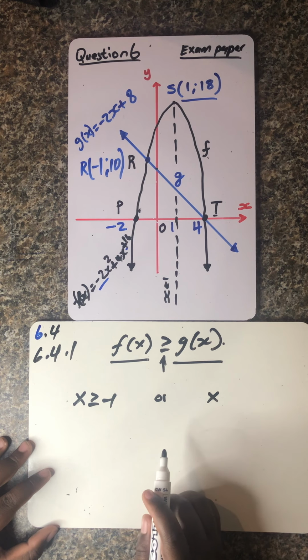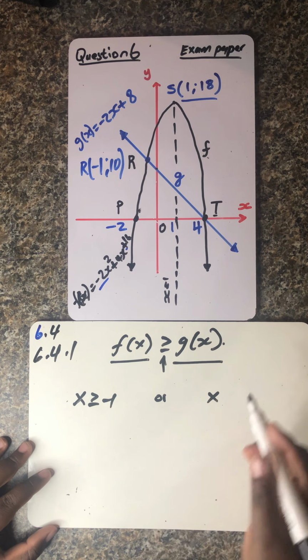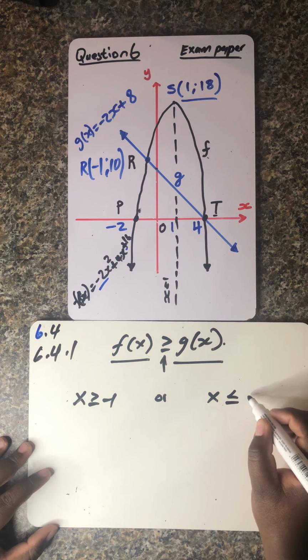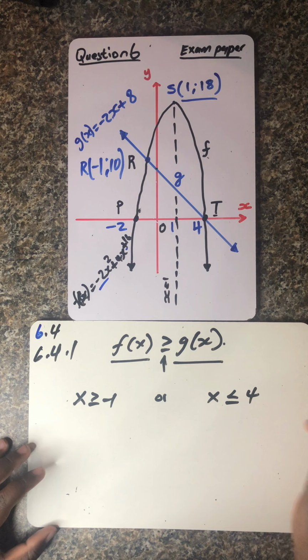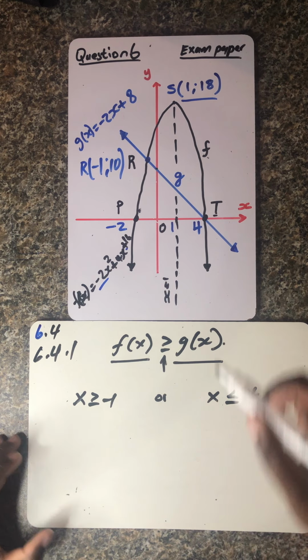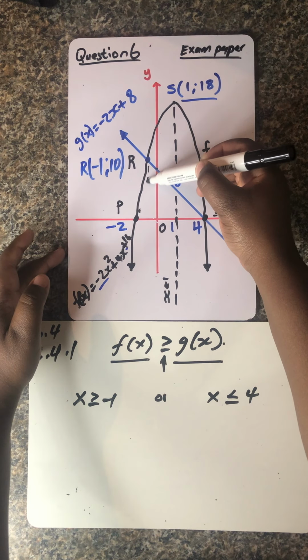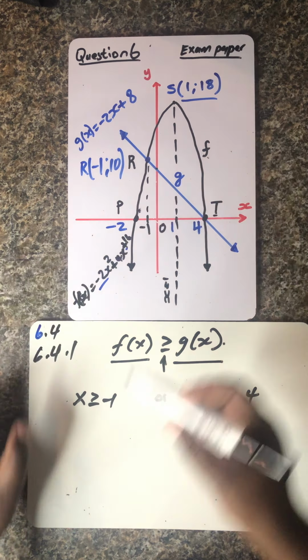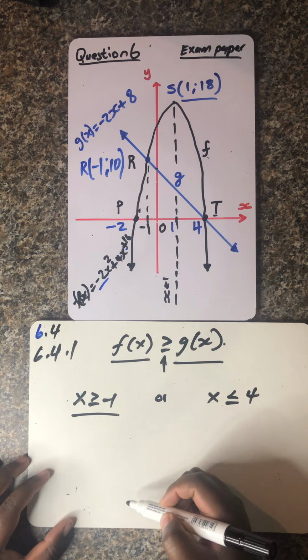And again, where x is less or equals to 4, that's where you should have the graph of f greater or equals to that graph of g. Just so that it makes sense, remember that point over there, it's -1.